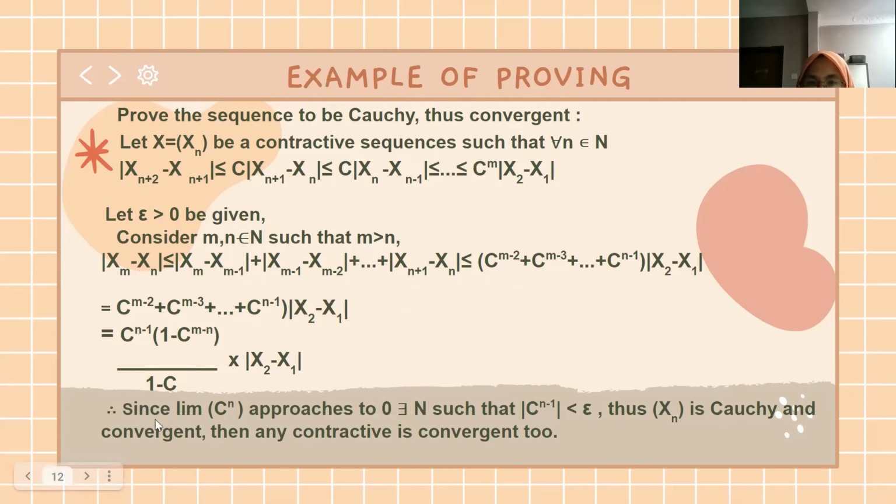So now, the limit of c^n approaches 0, and there is an element in the natural numbers such that the absolute value of c^(n-1) is less than epsilon. Thus, x_n is Cauchy and convergent. So, we can conclude that any contractive sequence is convergent too. That's all from me.